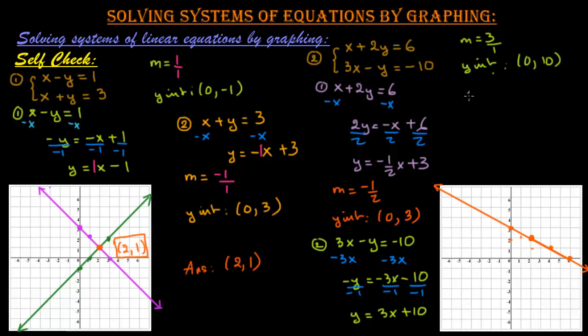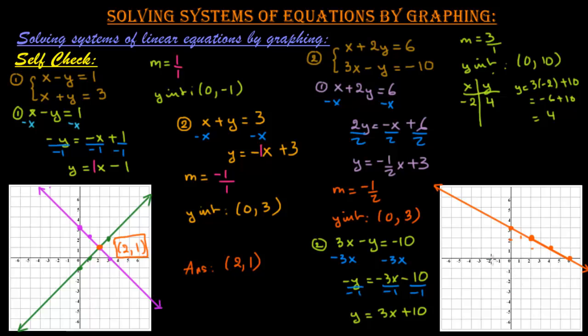Then in this case, what I have to do is make an x and y value table. Let's say I choose x is -2. What will y be? So y equal to 3 times -2 plus 10 will give me -6 plus 10, which gives me 4. So I have the point -2, 4.